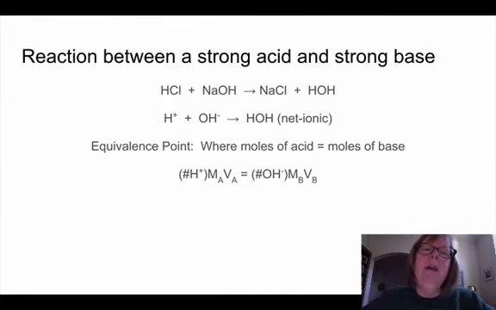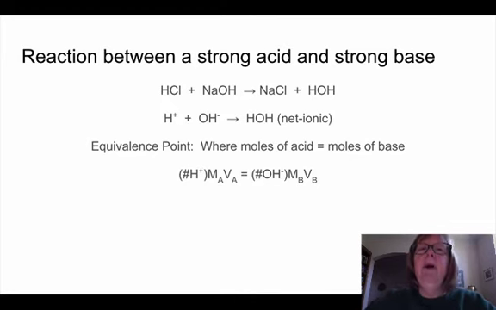But now let's talk about a reaction between a strong acid and a strong base. So we're looking at hydrochloric acid and sodium hydroxide. It forms sodium chloride and water. Sometimes these reactions are called neutralization reactions because when the base is added to the acid, what do you make? Sodium chloride.